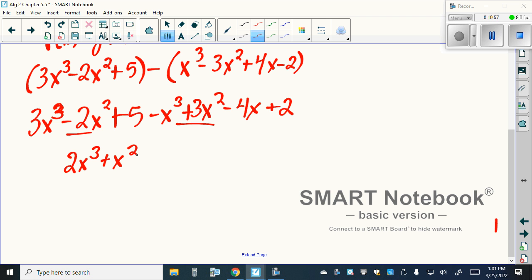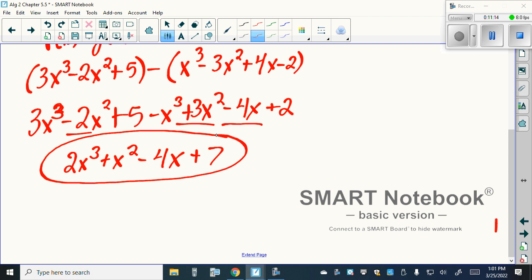And then we would have the negative 4x, because that's the only term with x, so it doesn't change. And lastly, we have our 5 plus 2, which would give us plus 7. So our f minus g of x is the function 2x cubed plus x squared minus 4x plus 7.